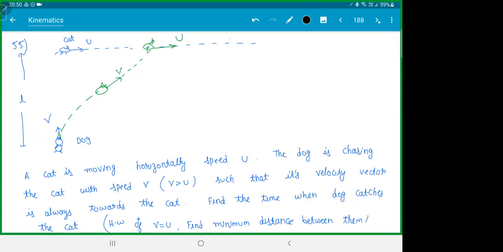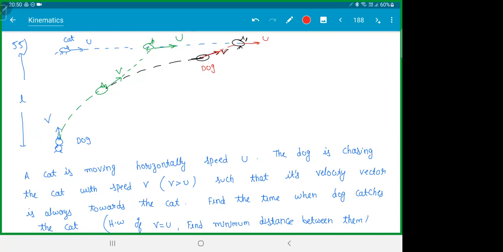After some time, when the cat has come here, the dog is going like this. Are you getting how it is chasing? The dog is always chasing the cat like this, so it is always looking at the cat. As the cat is running horizontally, the dog is seeing the cat and running behind it.